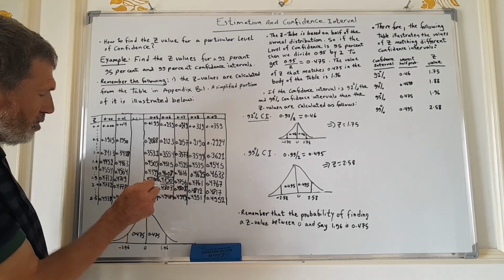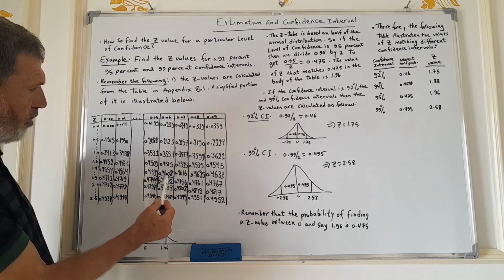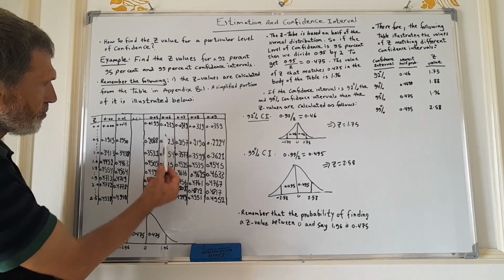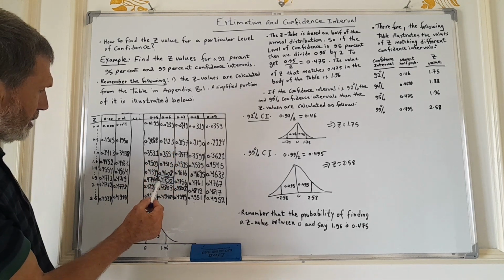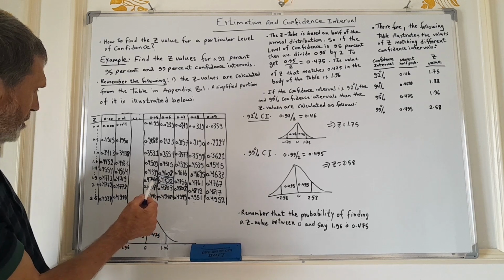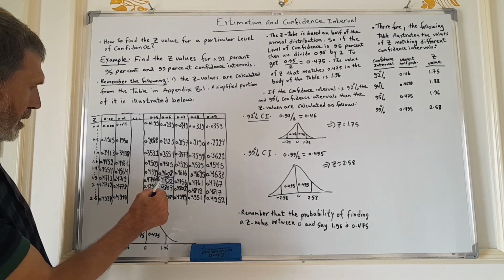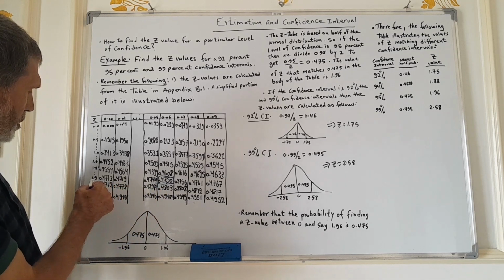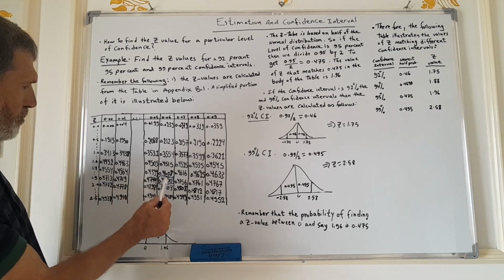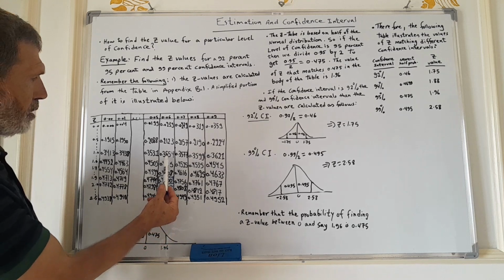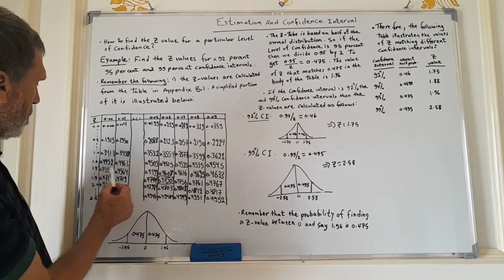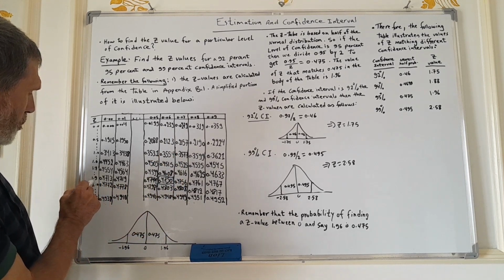What is that z-value? We move up in this column. This row is 1.9. We go along this row and then go up the column all the way to 0.06. So the value of z is 1.96.